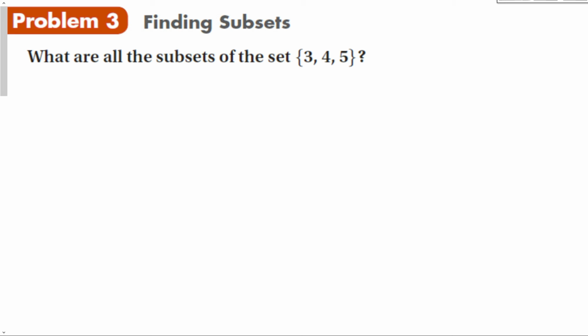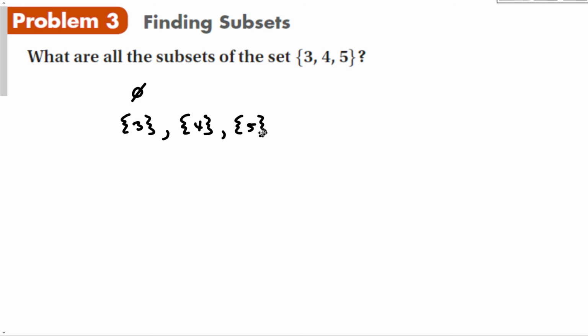So, what are all the subsets of {3, 4, 5}? First, we have the empty set. Next, let's list every subset with one element. So my first set is {3}, then {4}, one element set, then {5}.